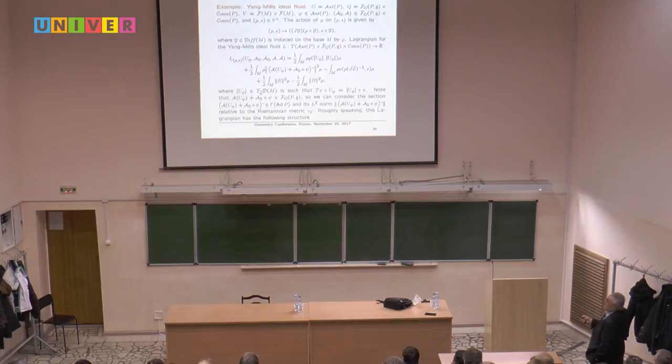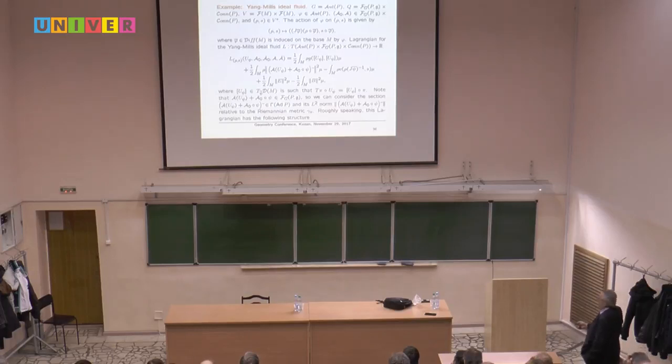My action is exactly as I did before, except that here now I'm on the base, where phi bar is induced on the base by phi. The Lagrangian for Yang-Mills fluid is simply, here it is, for the particle, minus potential and the field, right? And my notation is exactly as before. This U bracket is what drops down to the base. Here is M. So here you see that they're pi related.